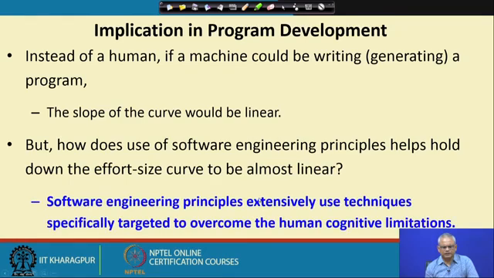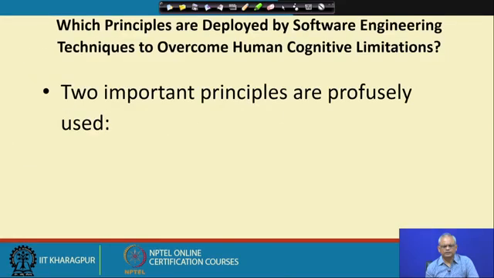Now, let us understand how the software engineering principles contain the complexity, because we said that as the complexity increases, the human mind by itself would take exponential time and effort to solve the problem. Actually, there are two major techniques that are used to overcome the cognitive limitation of 7.